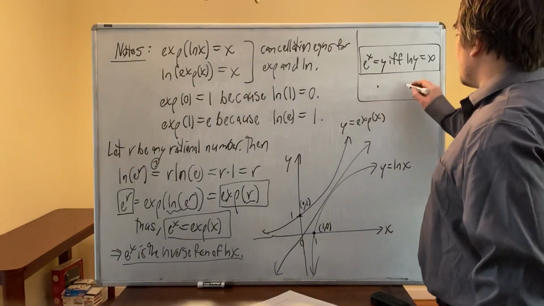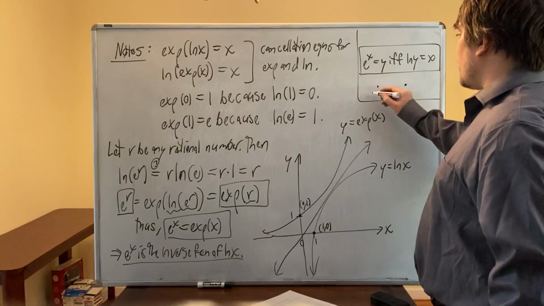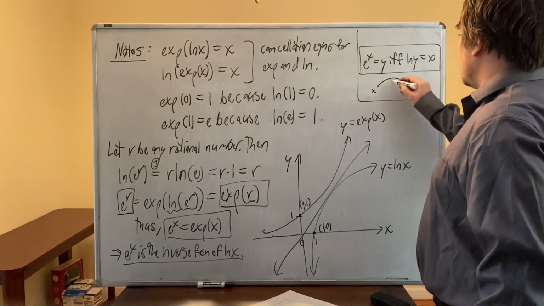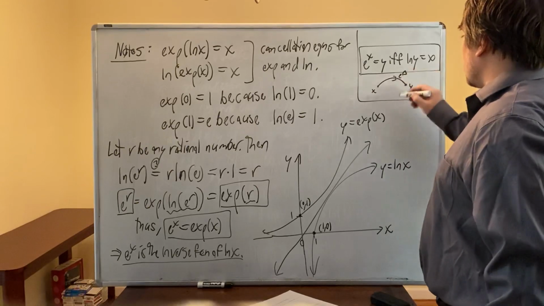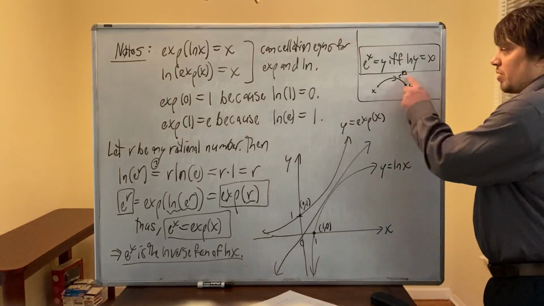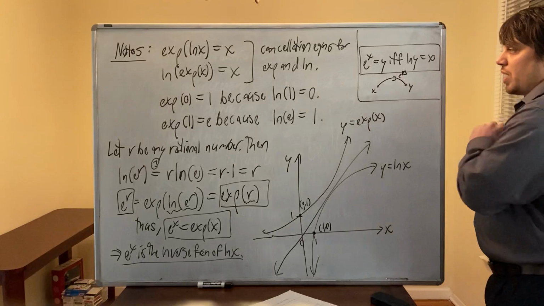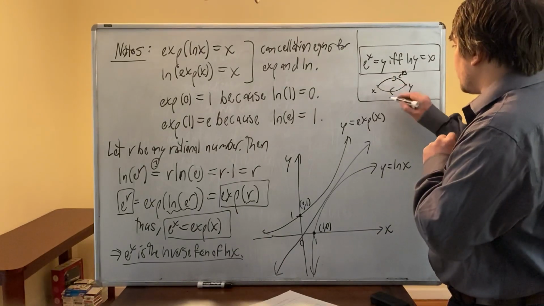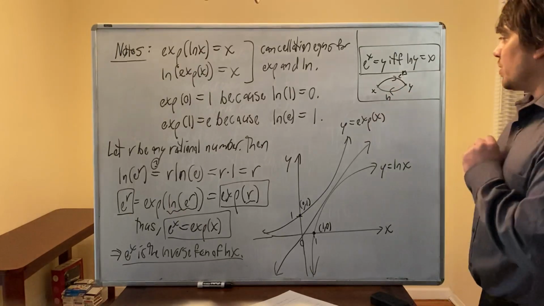If the exponential function, the e to something power function, sends x to y, then ln, which is the inverse of that function, will map y to x.